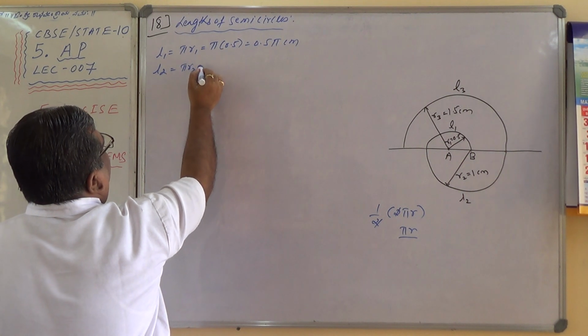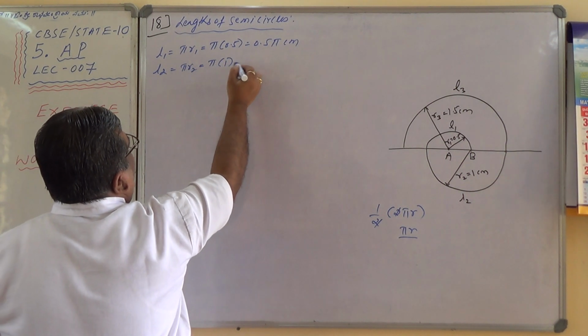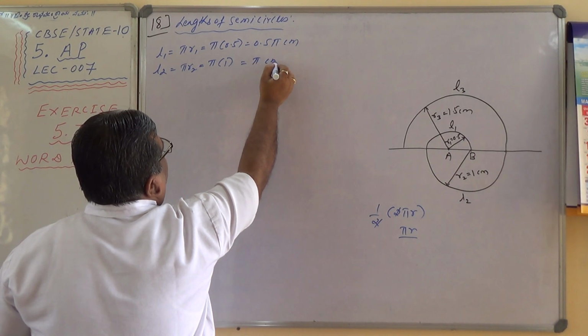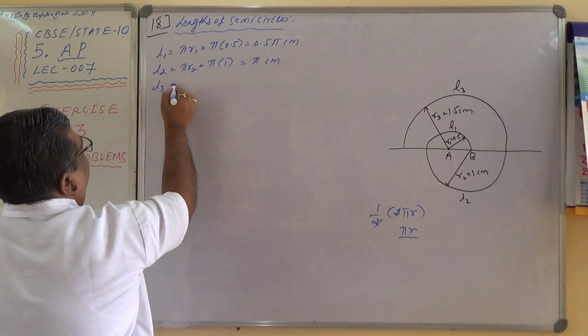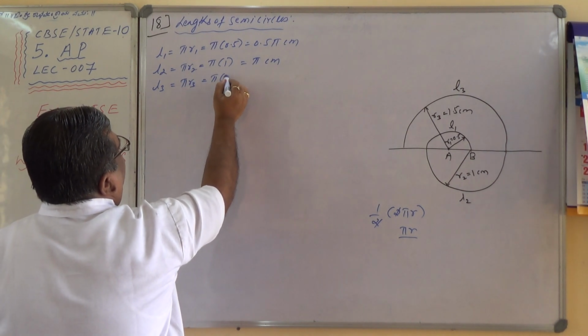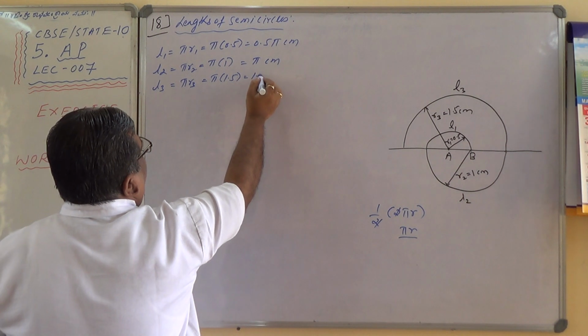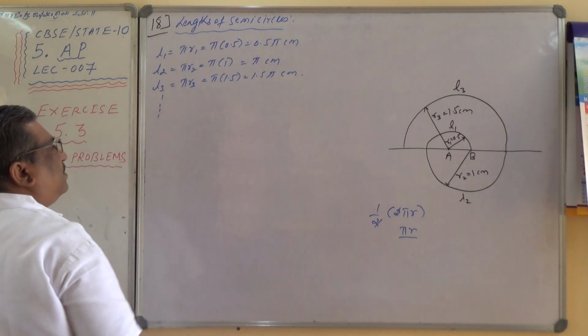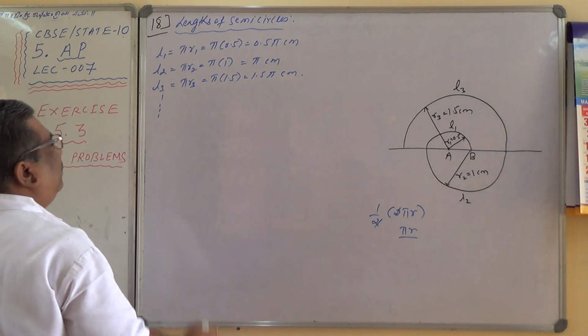L2 equals pi r2, radius 1 centimeter, therefore pi centimeter. L3 equals pi r3, pi into 1.5, which is 1.5 times pi centimeter. So it continues up to L13.